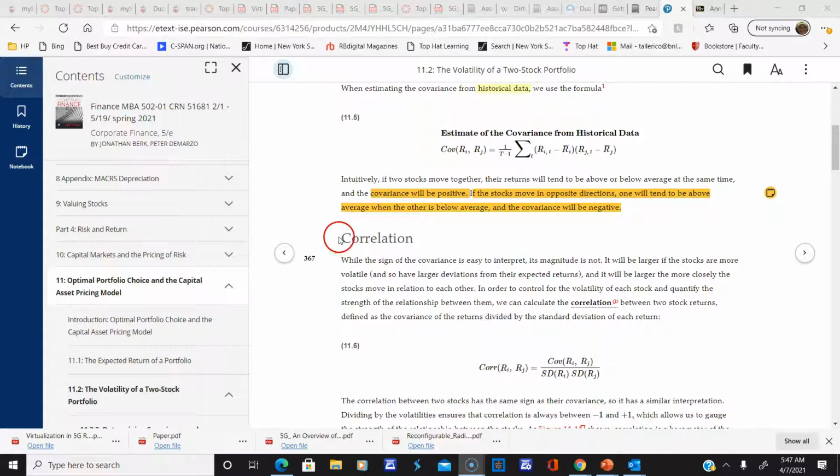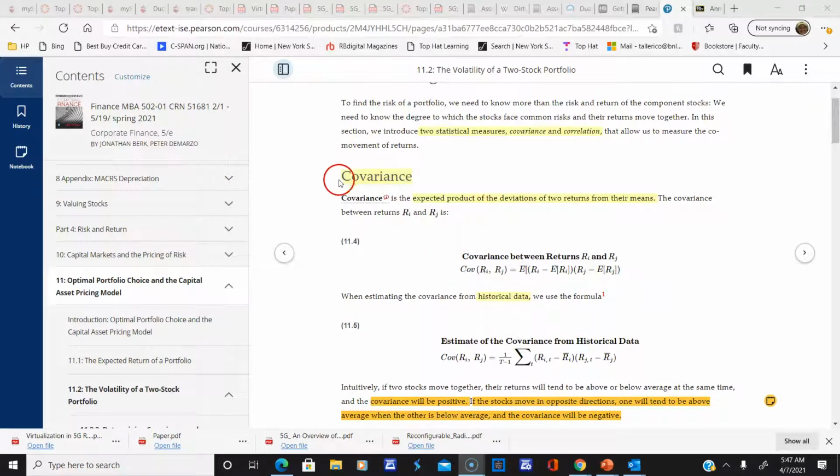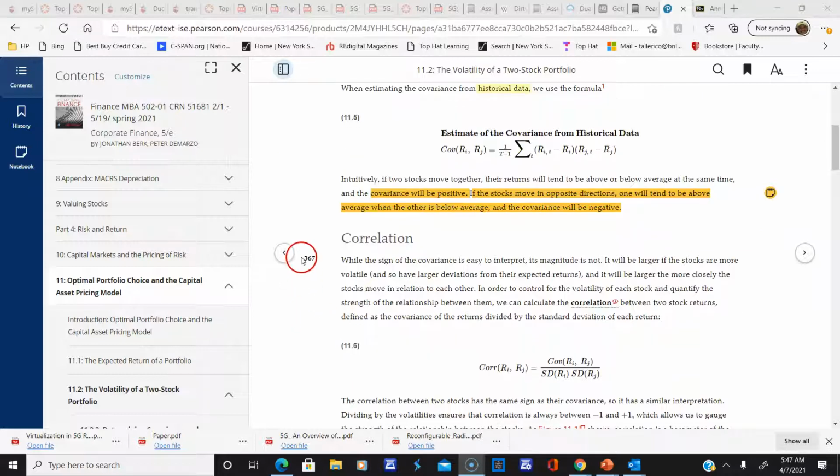Now we've done the covariance, so let's move on to the correlation. Both of these are very important with regard to stocks moving and whether they're negatively or positively correlated. While the sign of the covariance is easy to interpret, its magnitude is not.